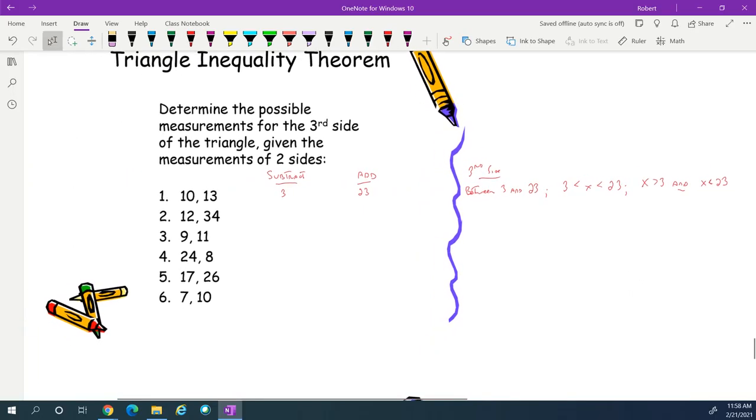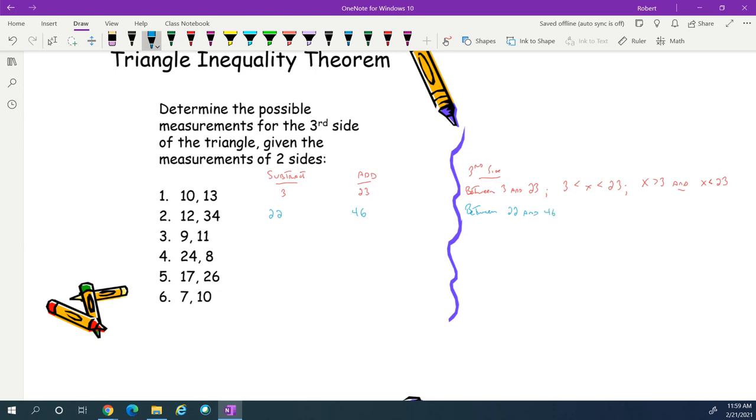So let's look at a couple others. Again, we're going to subtract, so 34 minus 12. We're going to add, and our third side is between 22 and 46.